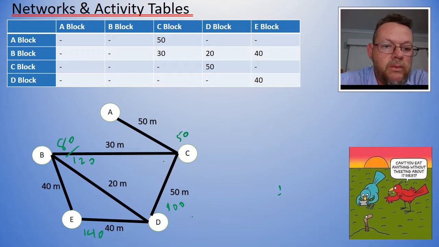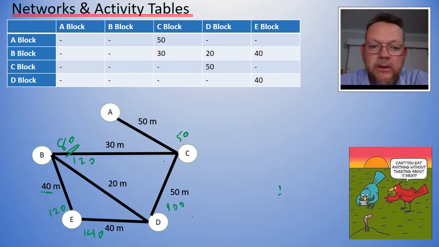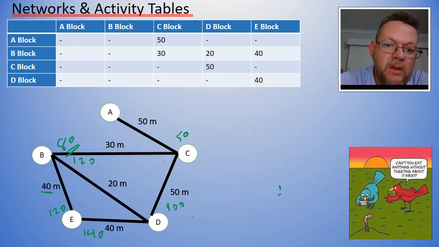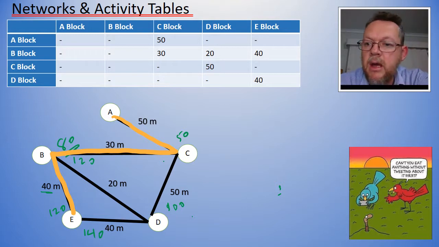I think that would be the quicker path, so I'm just going to add on another 40 from there, so go A, C, B and then E, and that would take 120. Now all I would do is highlight that path, so like so, and I would state that A to C to B to E took 120 meters to walk.